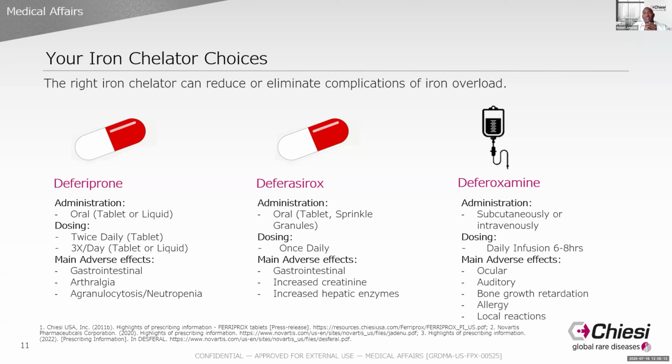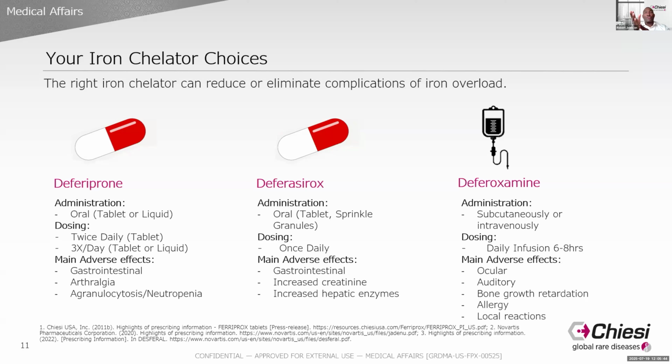It also has GI issues, and it's known to increase your creatinine as well as hepatic enzymes. Deferiprone can be used for patients with mild to moderate renal insufficiency, while deferasirox has a warning, so be careful with its use in that patient population.